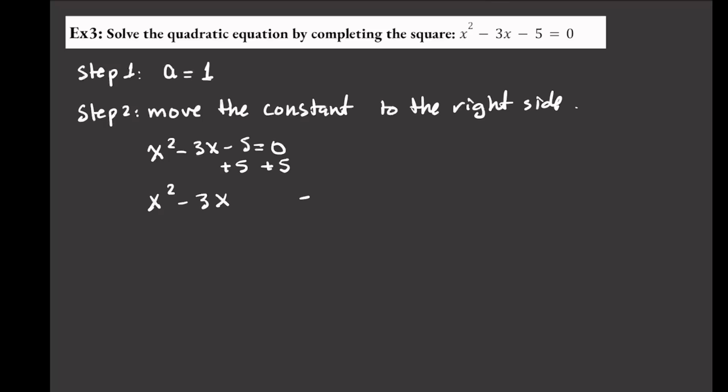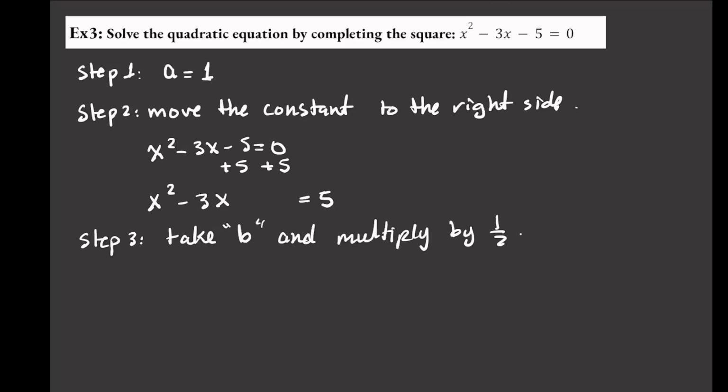After I do this step, the next step is taking my b term, multiplying it by 1/2, and after I multiply it by 1/2, I square the results.